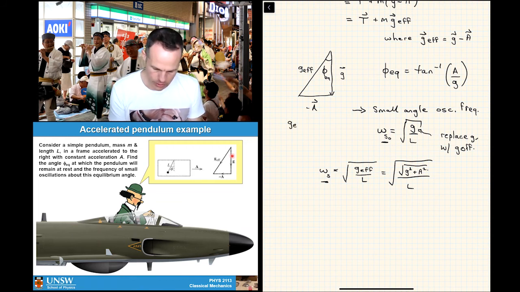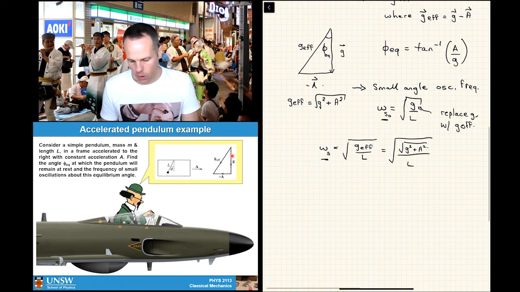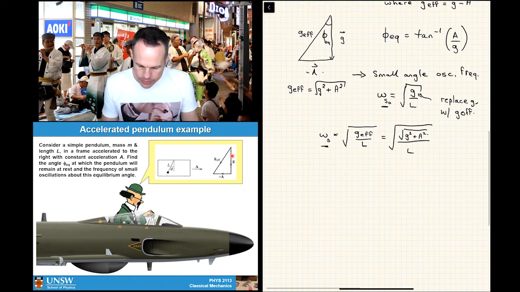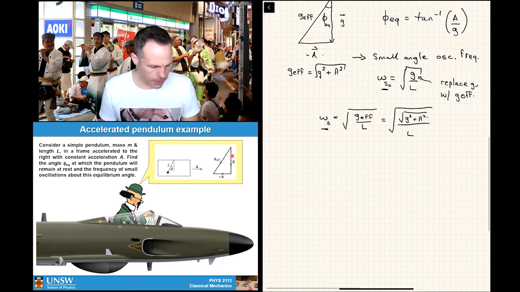So G effective is just going to be the square root of G squared plus A squared, okay? Or you could put some trig in there if you really wanted to as well.